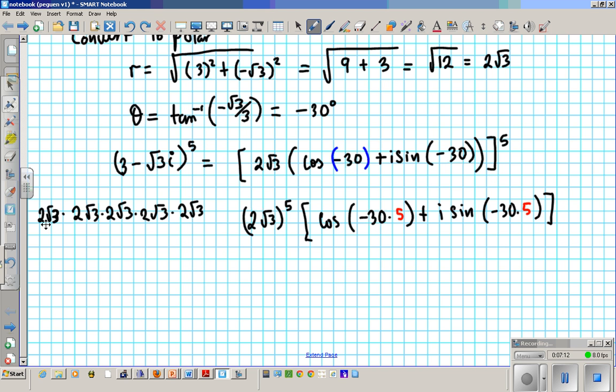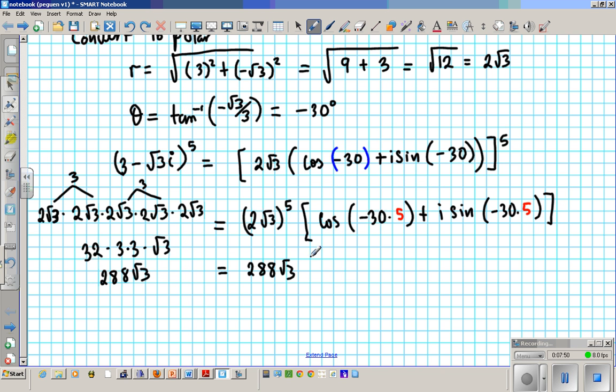If I do that, I have 2 times 2 times 2 times 2 times 2, which is 32, times root 3 times root 3 is 3, and then root 3 times root 3 is 3, and then the last root 3 stays on its own. So it's times 3 times 3 times root 3. If we multiply that out, that comes out to 288 root 3. So the absolute value of this complex number is 288 root 3.